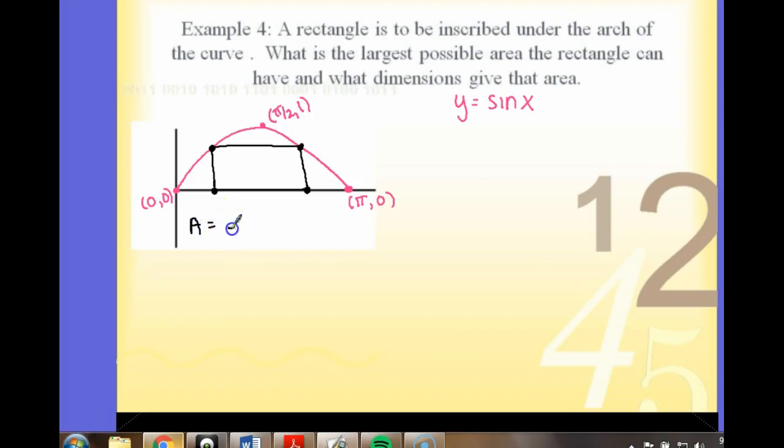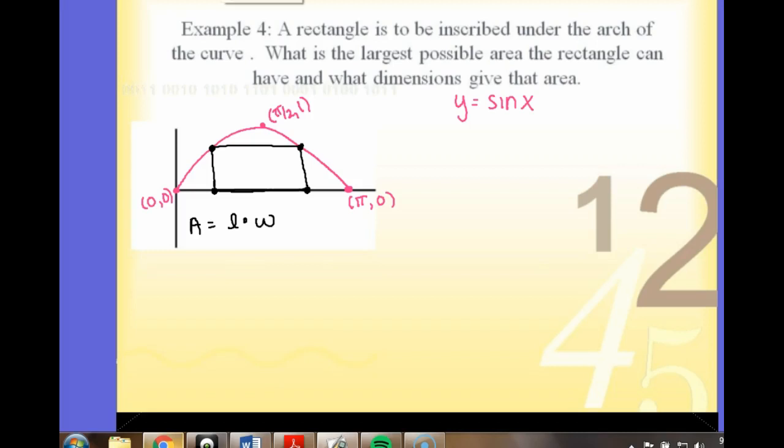So area is length times width. So here's my length. How could I come up with a logical representation of that? The entire length of the curve is pi. So it'd be pi minus whatever.